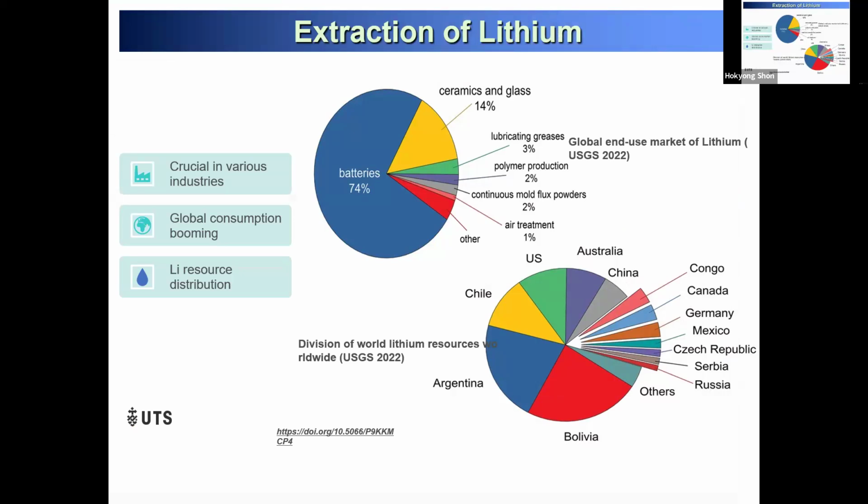Also lithium. I don't have to mention how important lithium is. We rely on lithium mining blocks. Australia is one of the largest producers of lithium compounds in the world.